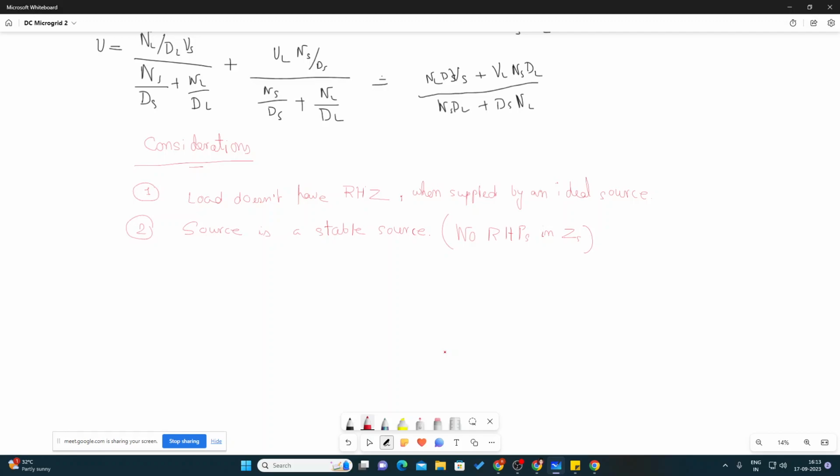Right half zero only occurs when there is a switching circuit, a power electronic converter, in between two energy elements. Only then do we observe a right half zero.